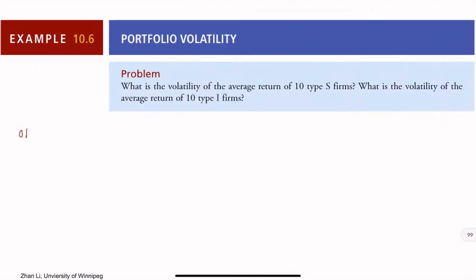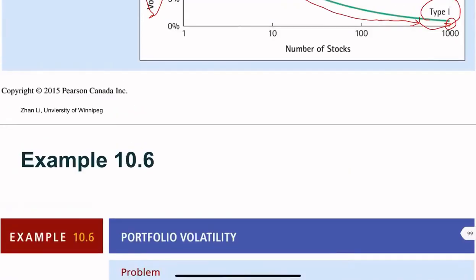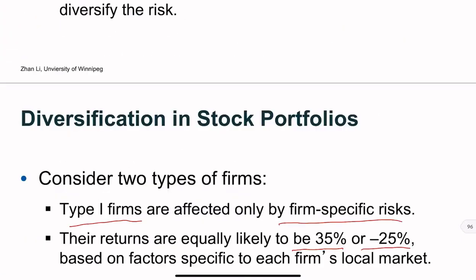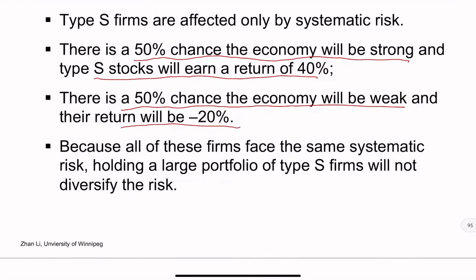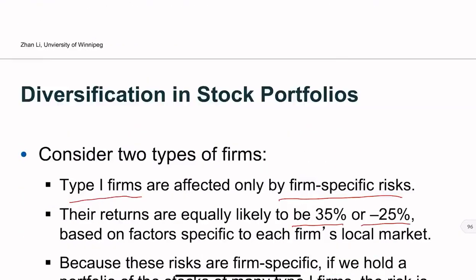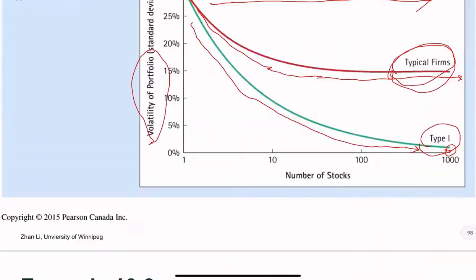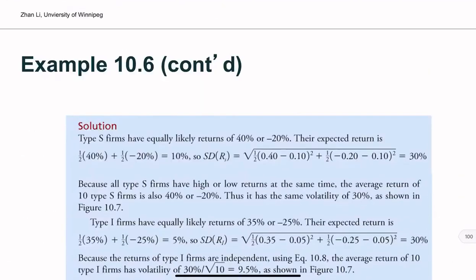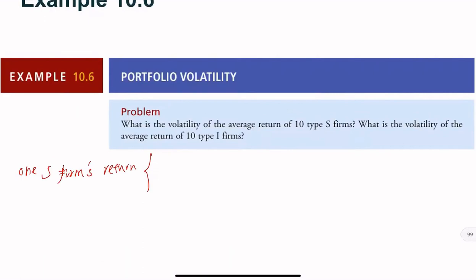Let's look at just one type S firm's return. You can see that it's either 40% or minus 20% with equal probability.